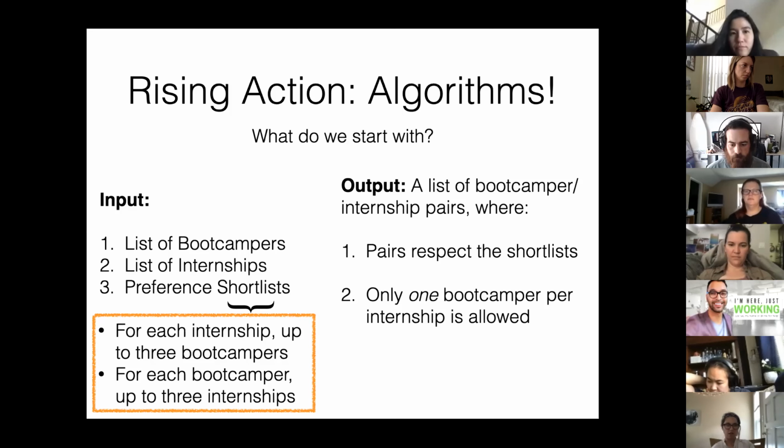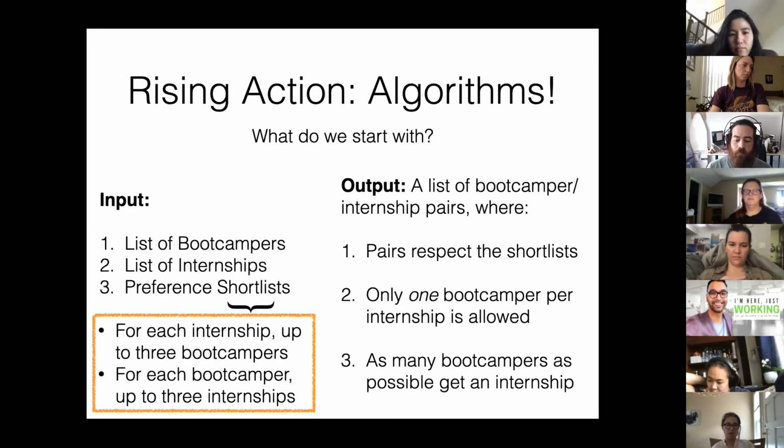Good. And finally, we want as many boot campers as possible to get an internship. So that way we don't say, okay, we did an assignment, it's just this one, only one person gets an internship. So we really need all 3 of these conditions to model the problem precisely.